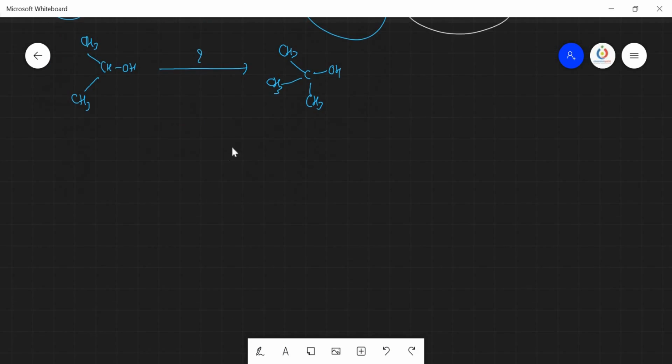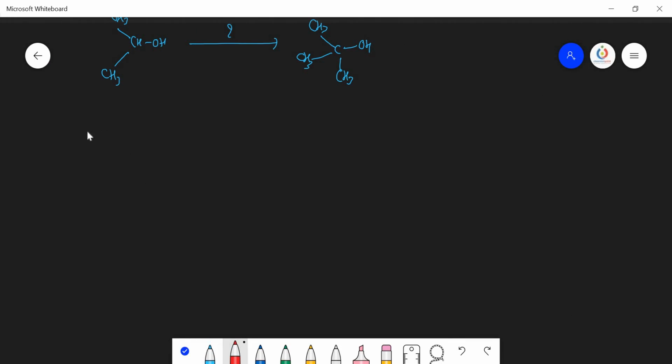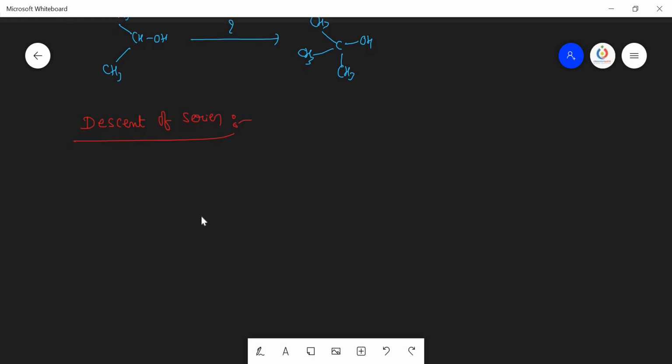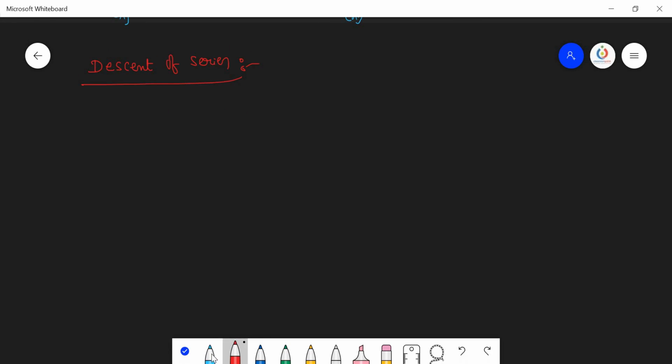Now let us see the descent of series. So in this descent of series, let us see the conversion of higher primary alcohol to lower primary alcohol.